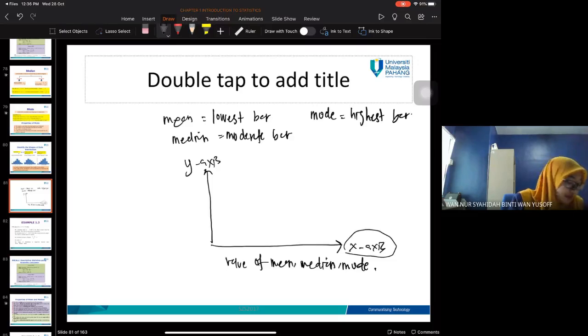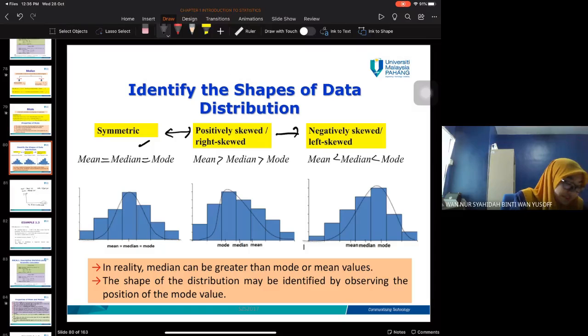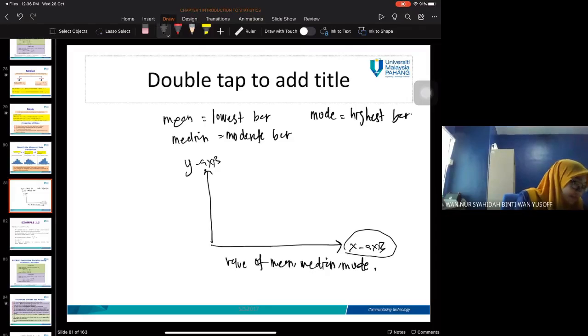That's the difference. If your real data has this pattern, you can use this to know what shape your data distribution is. Let's say there is no mode. What we have is a mean of, for example, 16, and a median of 17. So you plot 16 and 17.